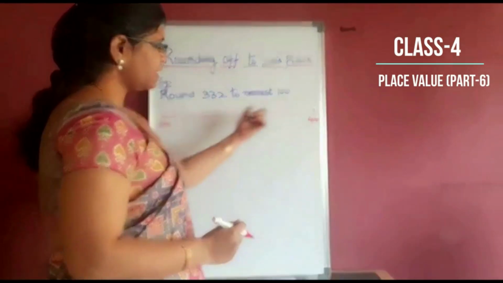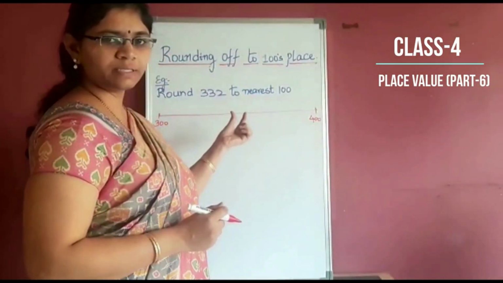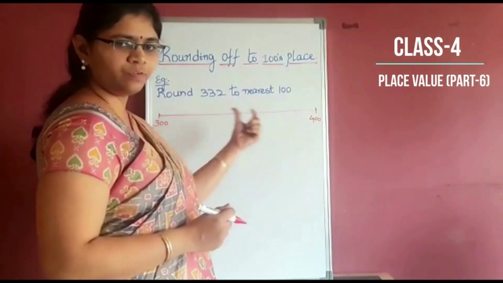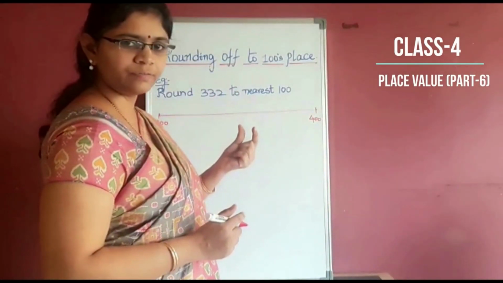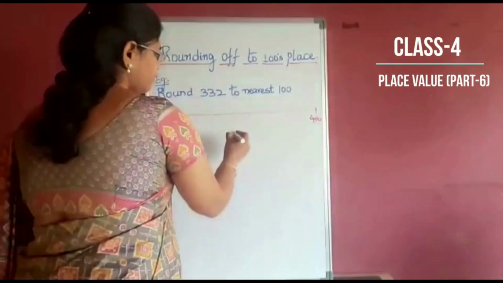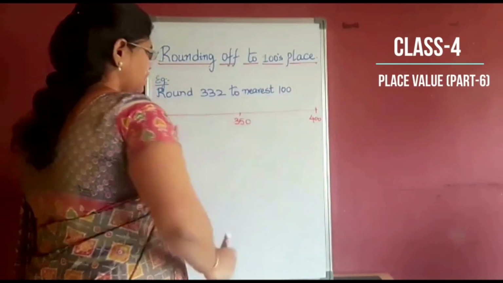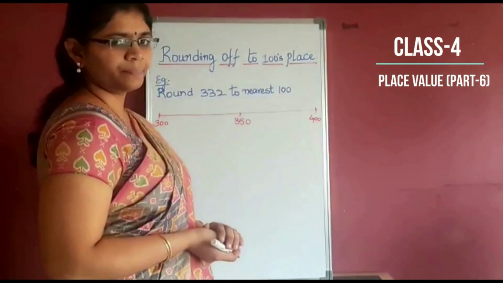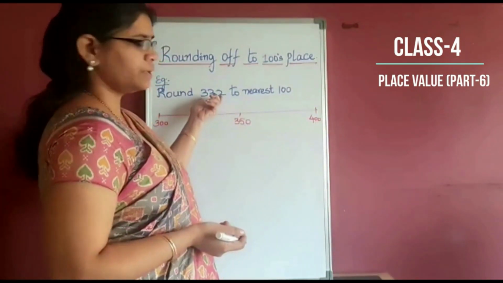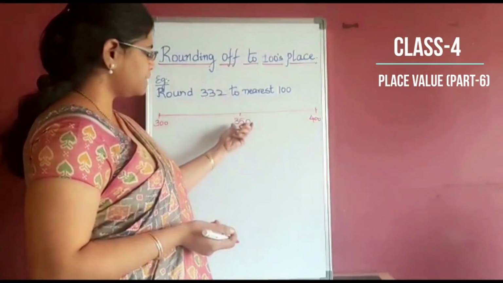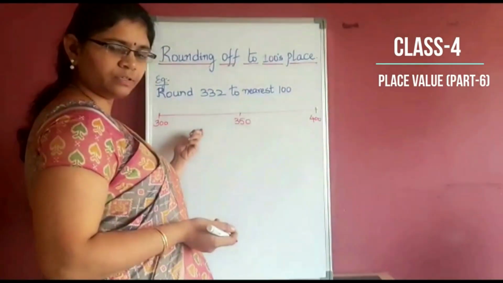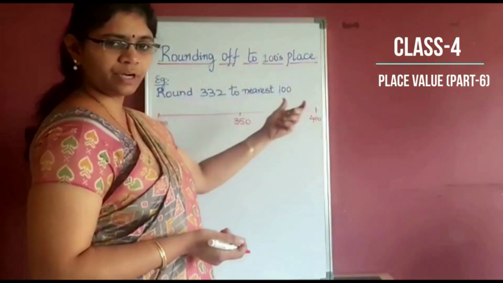Now in between 300 and 400, which number is there? Exactly in the middle of 300 and 400, which number do we have? Yes, 350 is the number which is exactly in the middle of 300 and 400. Now see, this number 332 lies to the left side of 350 or to the right side of 350.